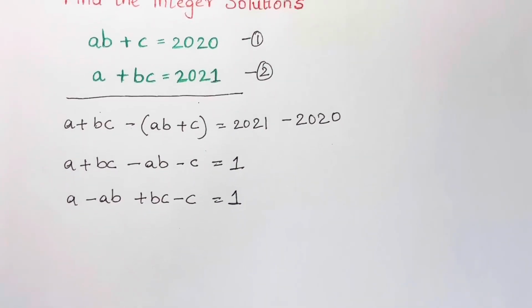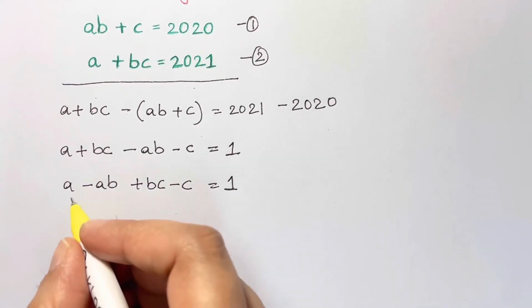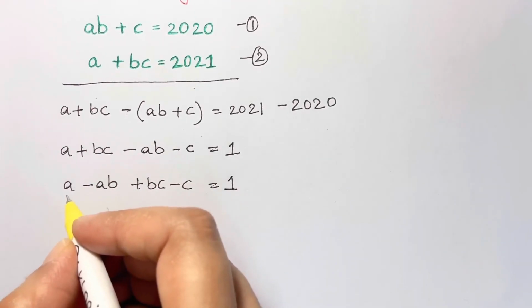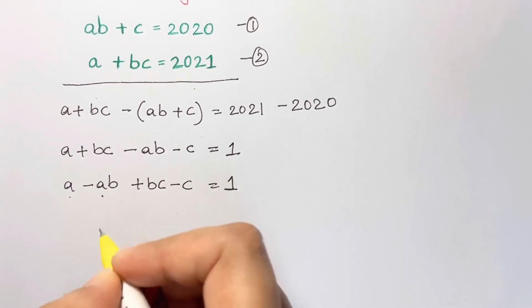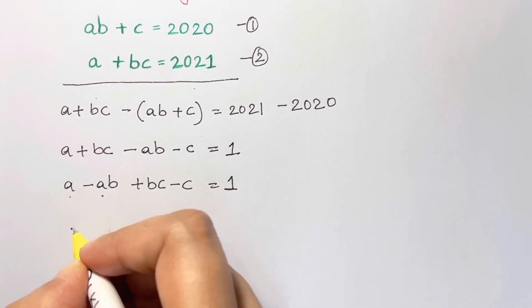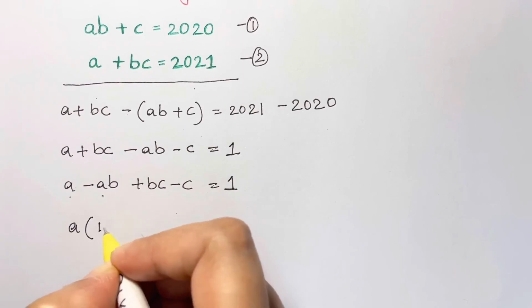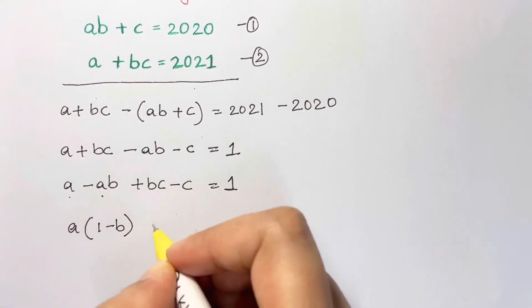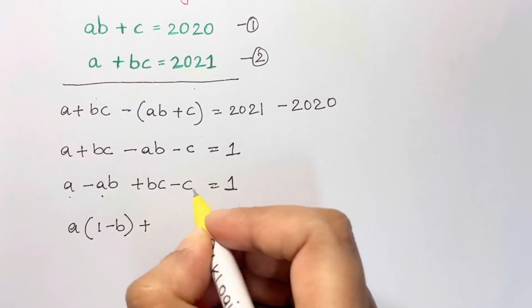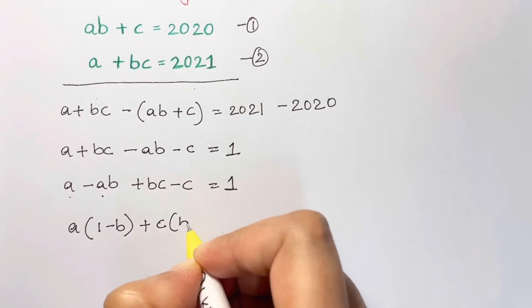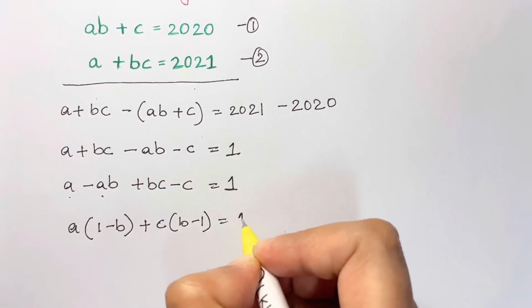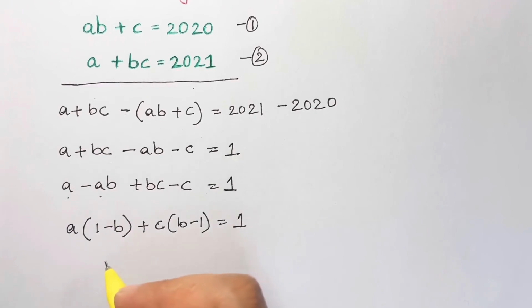Now what do I do? Here I have A common, so let me take it out common. A times (1 minus B) plus, here I can take out C common, so I have C times (B minus 1) is equal to 1. Now what do I see?